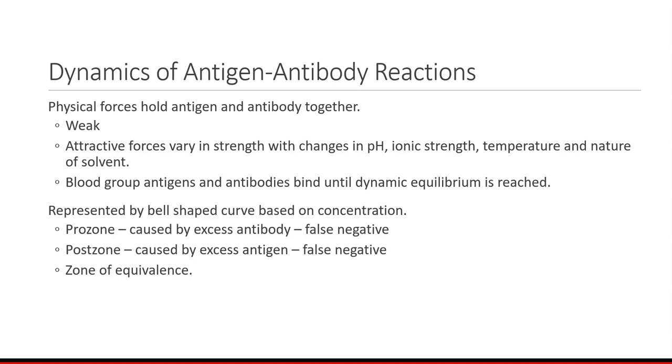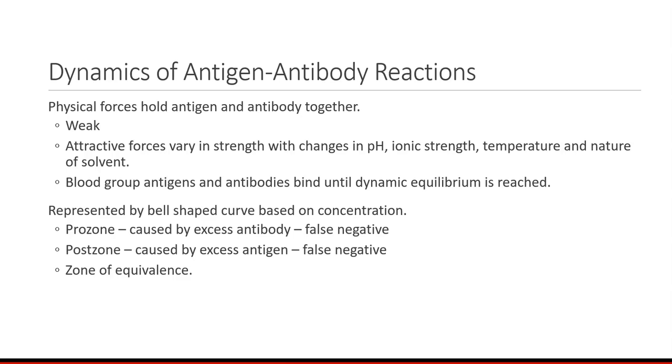And again, we're bringing serology, immunology back to the front of your brain. Prozone is caused by excess antibody, and it results in a false negative. And pro is good, antibodies are good, so think of prozone as antibody excess. Post-zone is antigen excess, and it will also result in a false negative reaction.